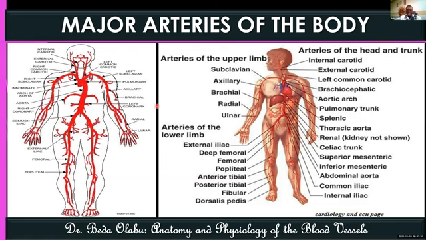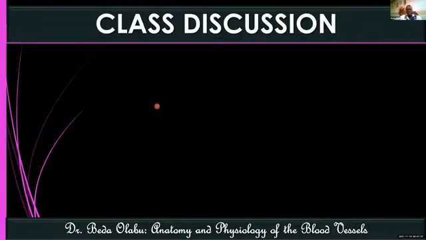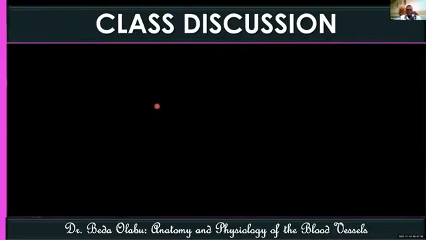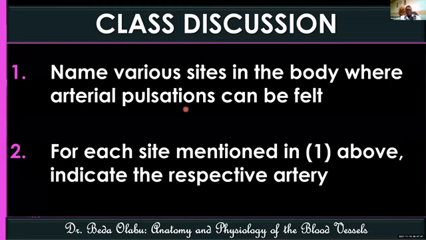But closely related to that, because we need to understand this from a clinical perspective, I want you to take some time and look at that. I want you to name the various sites in the body where we can feel arterial pulsation. So this will help you to understand the arteries of the body.